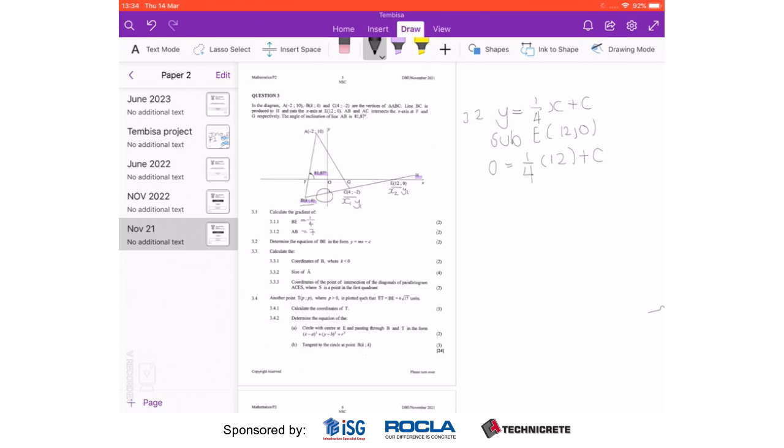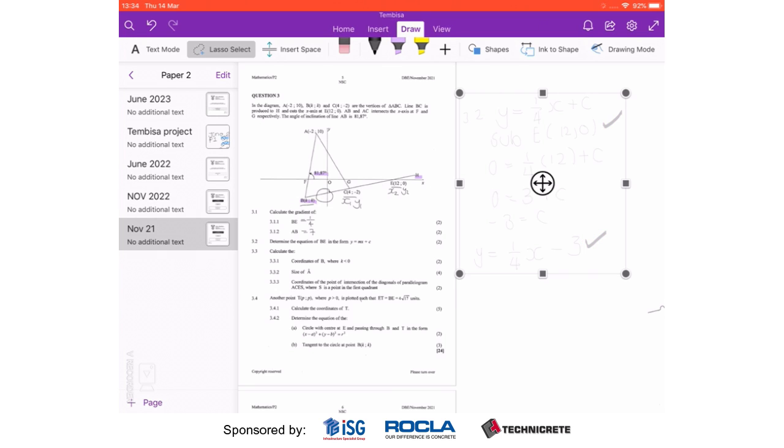So 0 is equal to 3 plus c. We're going to take the 3 to the other side. It's going to be negative 3 is equal to c. Make sure you write your answer as a full equation. So y is equal to 1 over 4x minus 3. Another 2-mark question, for substitution of the values of E and your answer.